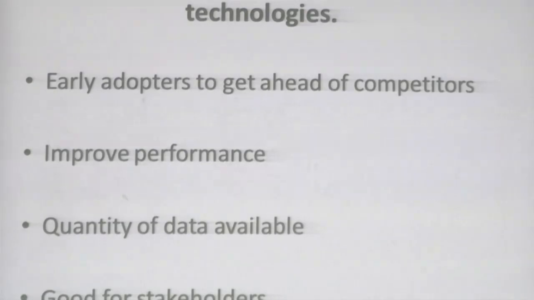If a birthday is typed incorrectly, that is identified. Some other data can also be identified. Then the quality of data is increased. So, through technologies, that is why organizations grasp new technologies. So, good for stakeholders.